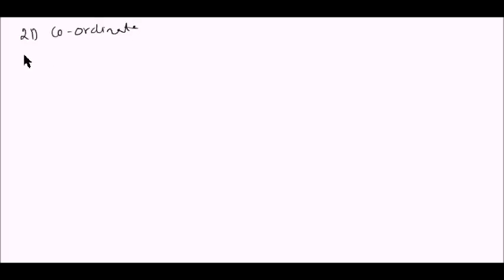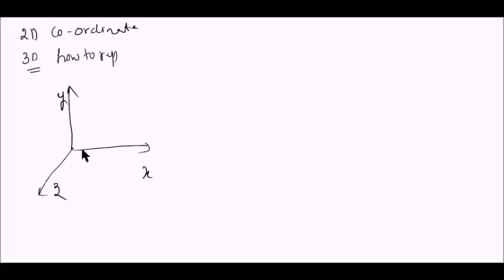Suppose the vector is a three-dimensional vector, then how to represent that vector? Then we have to take a three-dimensional coordinate system, where x, y, z are the axes, and we want to represent the vector A as (2, 3, 4).